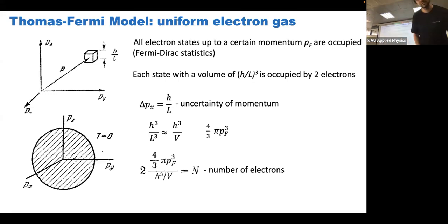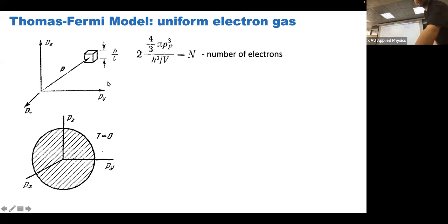It's the number of electrons under some certain momentum P_F at T equals 0. So when we have 0 Kelvin temperature, all our electrons sit in their states inside some sphere with radius P_F in momentum space. It's all in momentum space. Okay, we have this number of electrons.